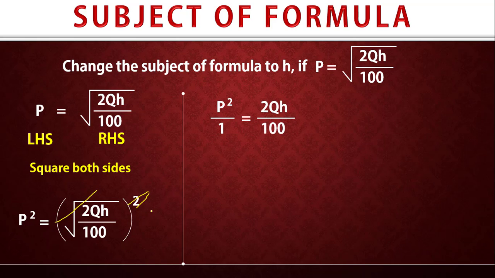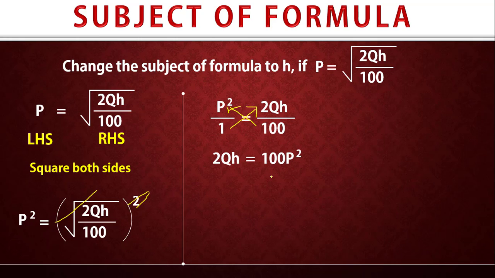At this junction, all we need to do is cross multiply. So apply your cross multiplication arrow. We have 1 multiplied by 2qh. Anything multiplied by 1 will still give that same thing, so we have 2qh there, equals 100 times p square. That will give us 100 p square.